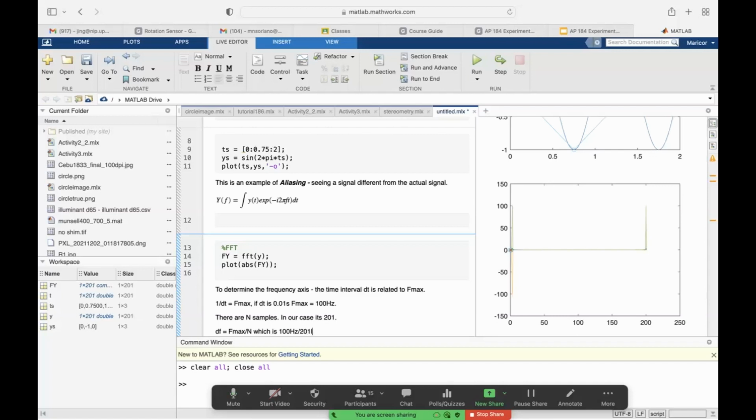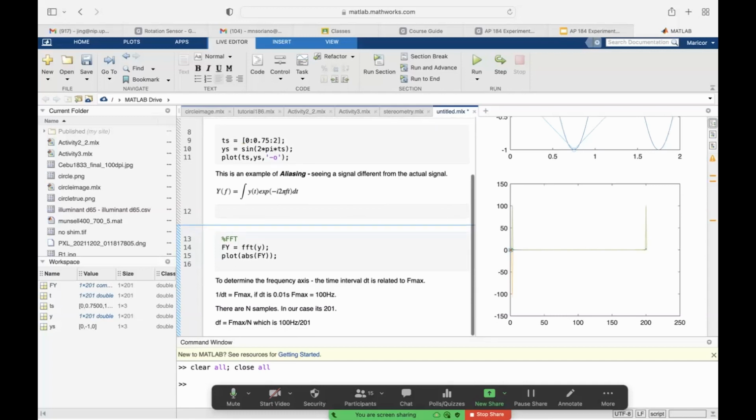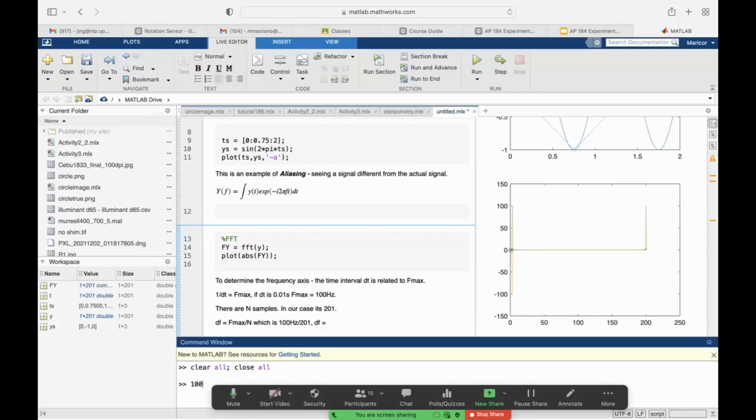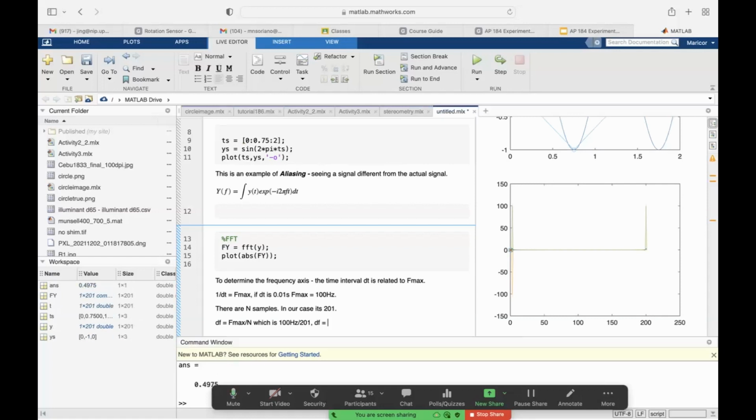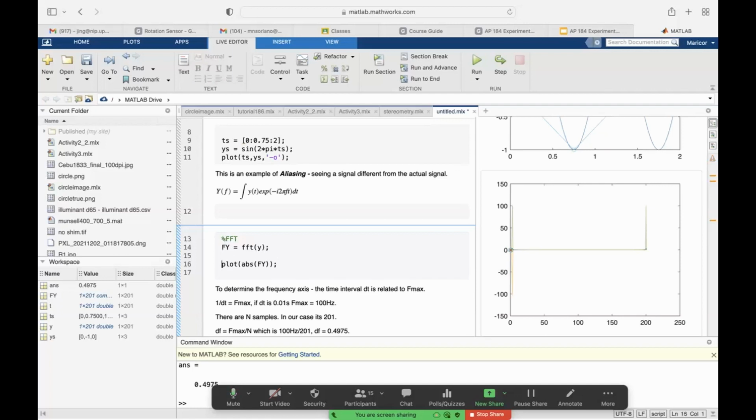So that's our DF: 100 divided by 201 is 0.4975. That's it. Same column. And that will be enough to allow us to write the DF.